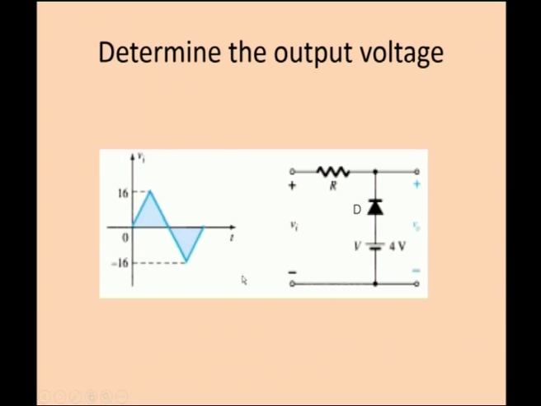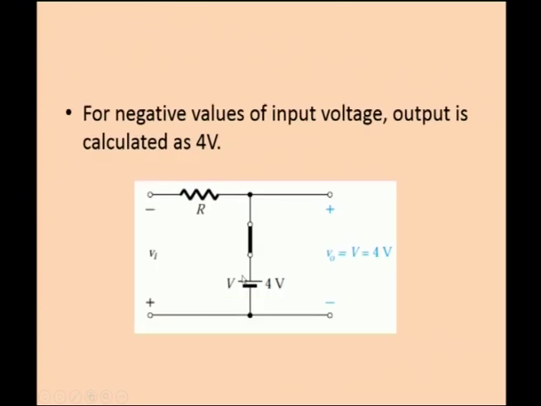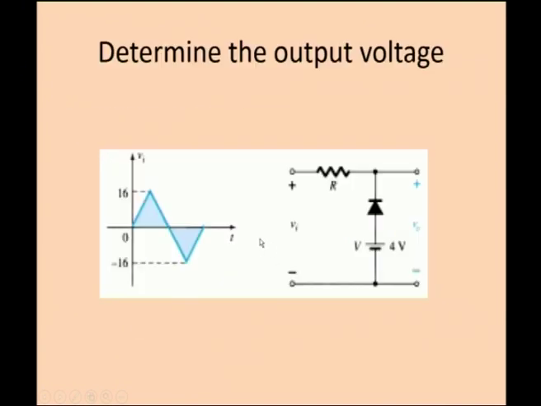Similarly, as for the previous series clipper with the DC reference, we have to see the transition voltages and we have to see when the diode will be off and on. For the negative values of the input voltage, the output is calculated as 4 volt. For the negative voltage, Vo is equal to V is equal to 4 volt, because for the negative voltage the diode is short. See the circuit, this is a negative terminal. So, if you give negative voltage, it will be in a forward biased condition.